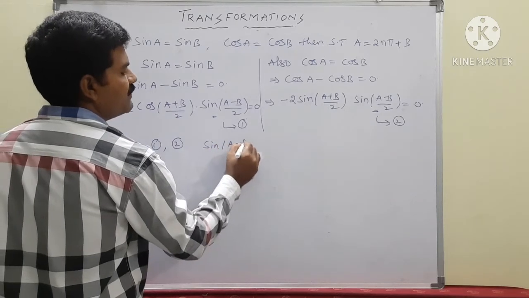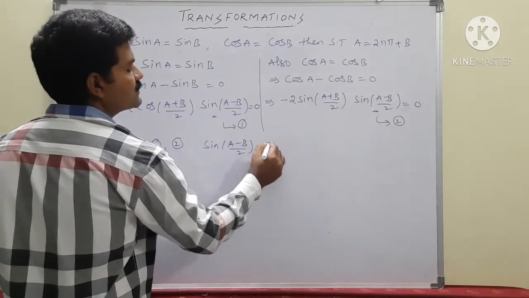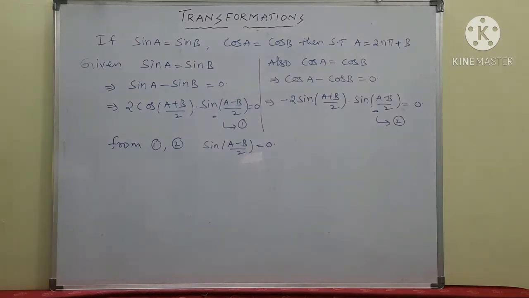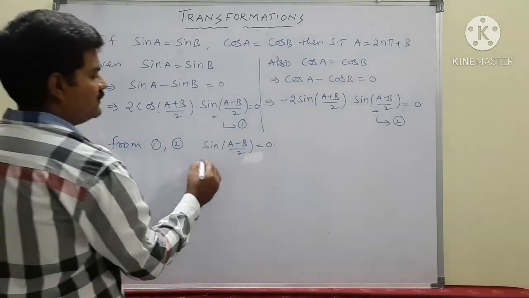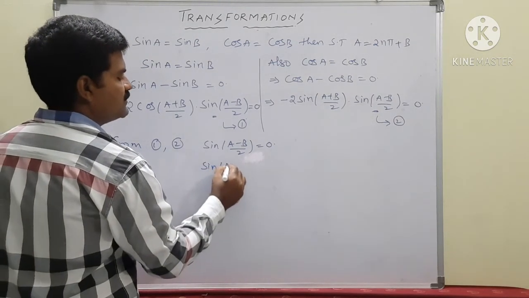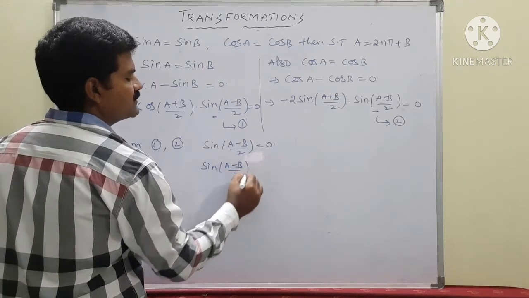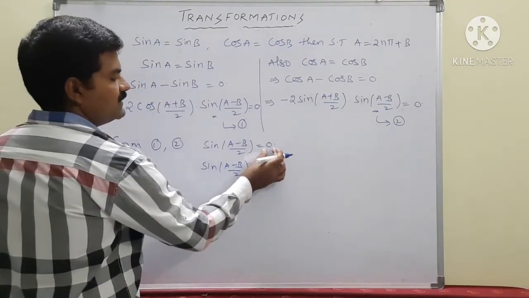So finally we can write that sin of (A minus B)/2 is equal to 0.